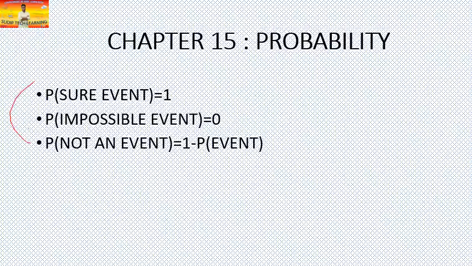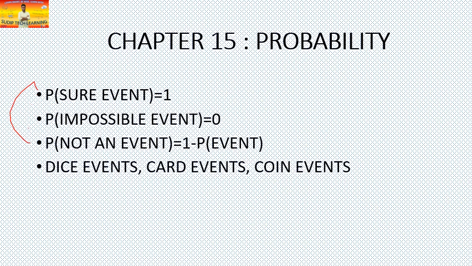Then probability of not an event is 1 minus probability of the event. These are three main things which can come for 1 mark questions, and with this only you can actually solve the other 2 marks or 3 marks questions, because if you don't know this you cannot solve them.